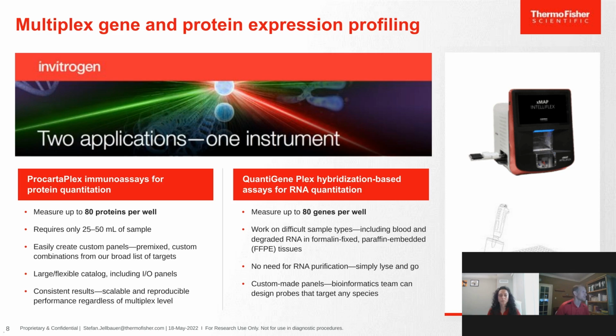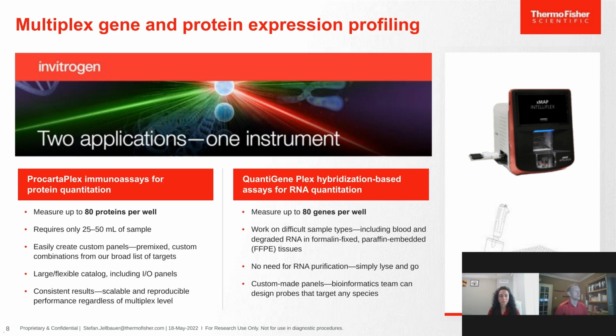Some key benefits of the ProcartaPlex assay are shown on the left-hand side. As mentioned, up to 80 proteins from a small volume of sample. We have a lot of different off-the-shelf but also custom panels for this assay, and you get very consistent results. You can scale easily from 96 to 384 well plate without losing performance.